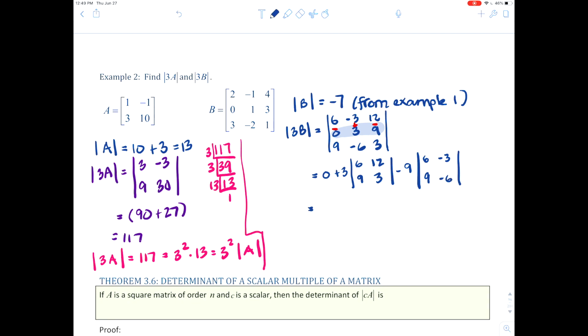And we'll have 3 times 18 minus 108, minus 9 times -36 plus 27. That will end up being -270 plus 81, which gives us a result of -189.